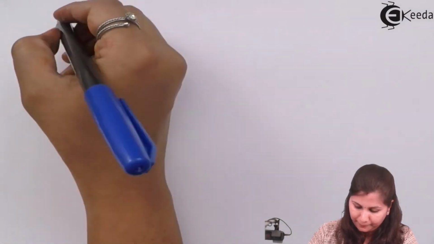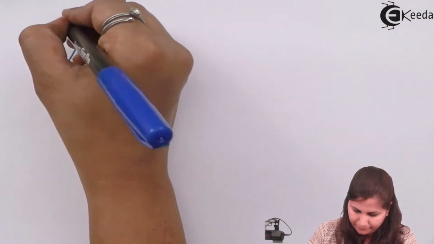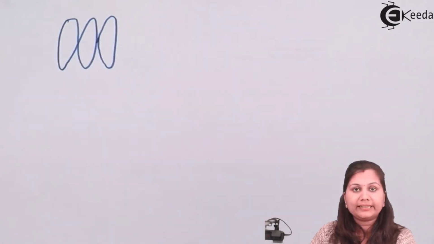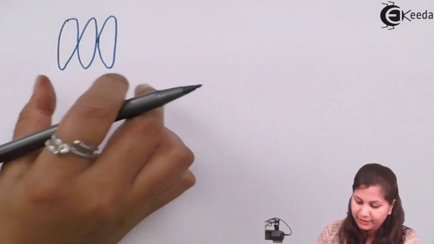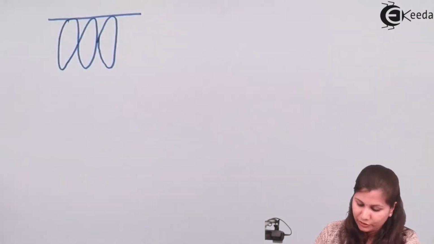If we see here, we can draw different patterns, like if we are getting this type of pattern on the CRT screen. If we want to find out the ratio, we are going to draw the tangent.